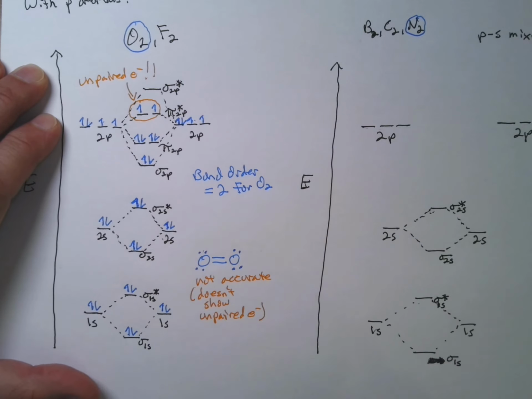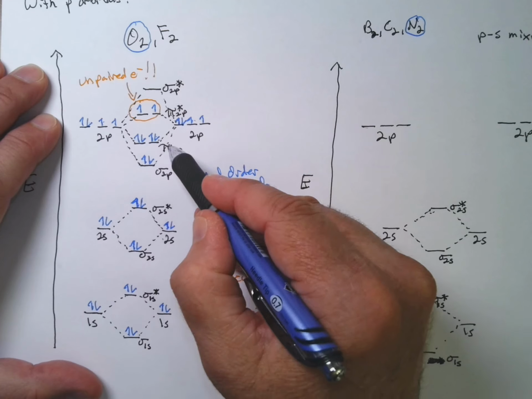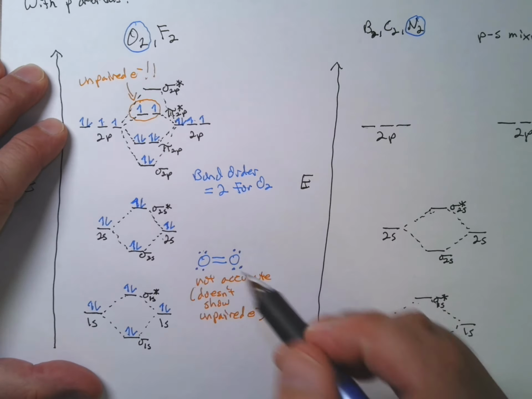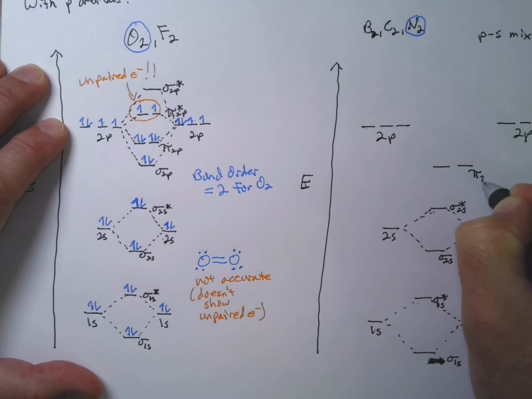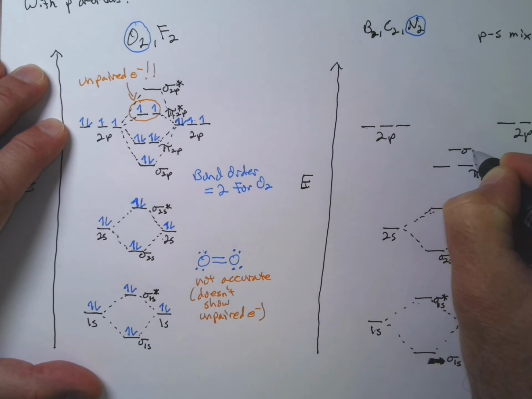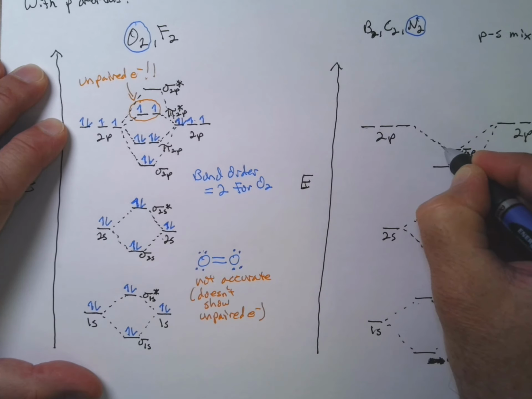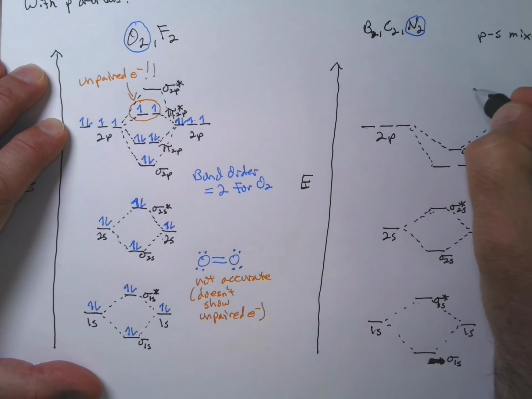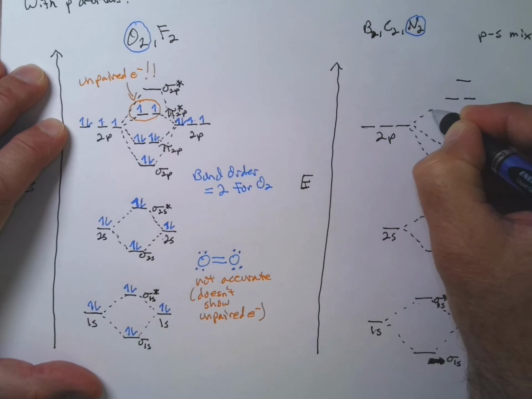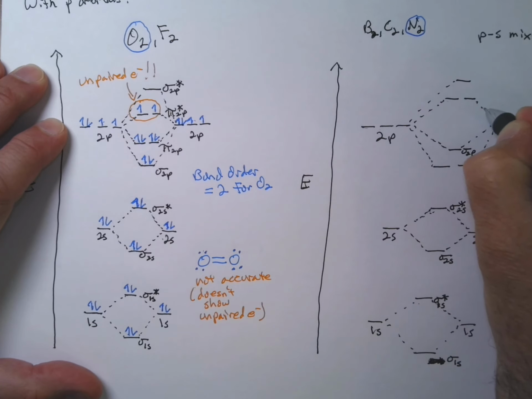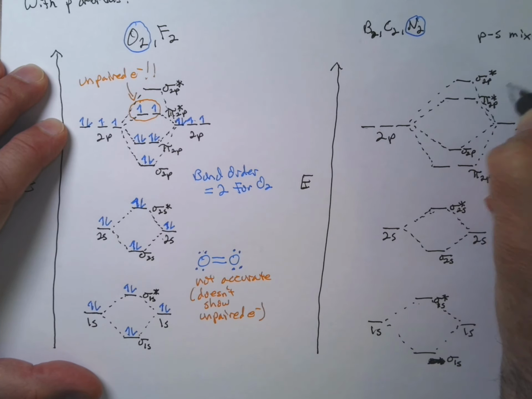But now we actually have the pi 2p and the sigma 2p switched. So our pi 2p is lower in energy than our sigma 2p. But we have the same up top that we did before, with our sigma 2p star and our pi 2p star.